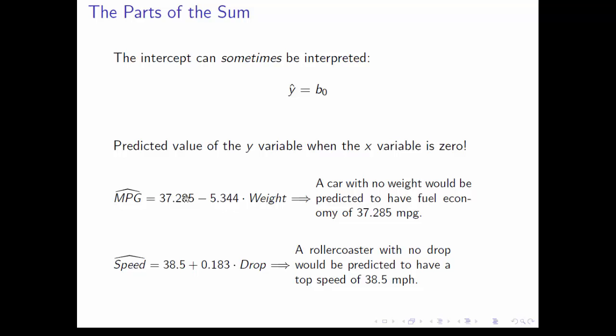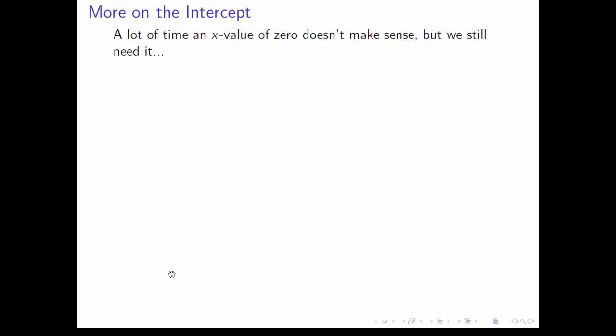So this is the caution: the slope always is interpretable, but the intercept can sometimes be interpreted only if it makes sense that the x value can be 0. Having no drop, having no weight doesn't really make sense. So in these cases, it's kind of sketchy to say that 38.5 tells me how fast a roller coaster would go if it had no drop at all.